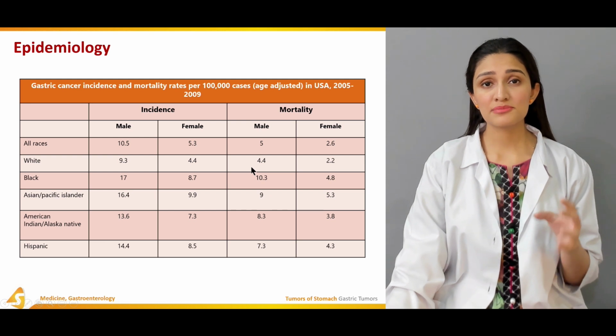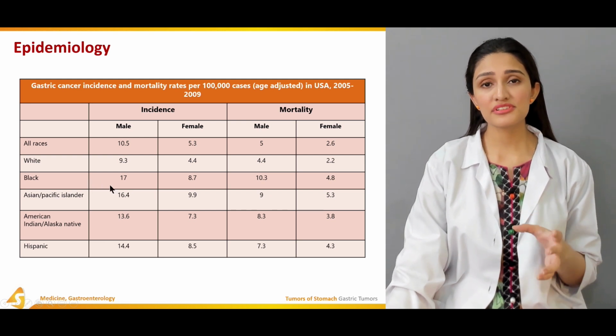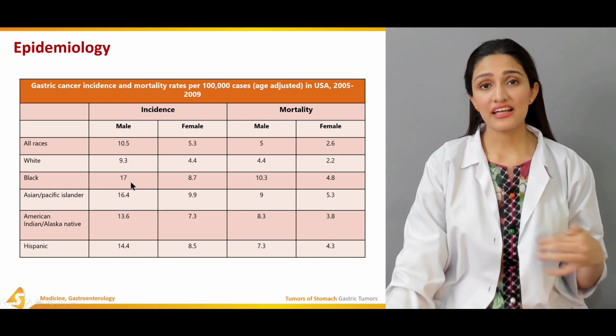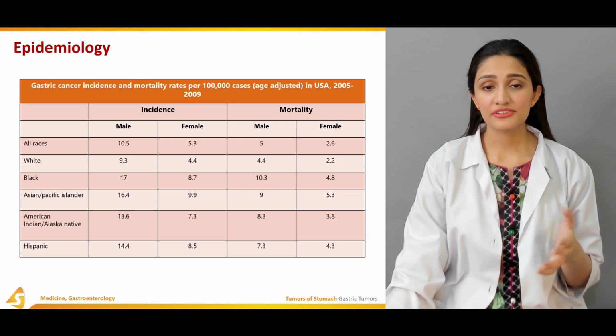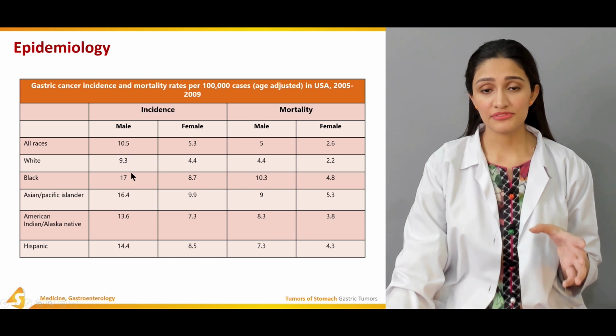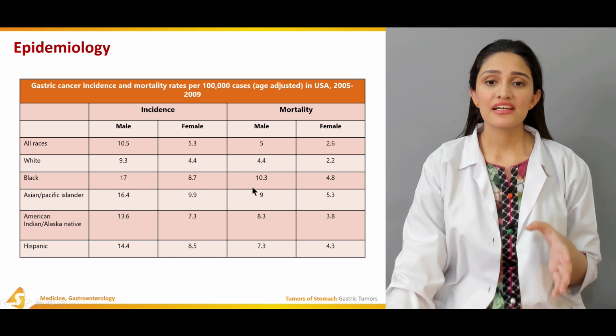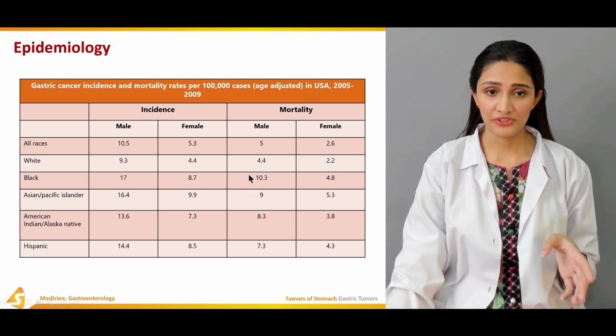And if we talk specifically about the black population, they have the highest rate of incidence, which is around 17, almost double the incidence of the white race, and the mortality is also double, 10.3 as compared to 4.4.